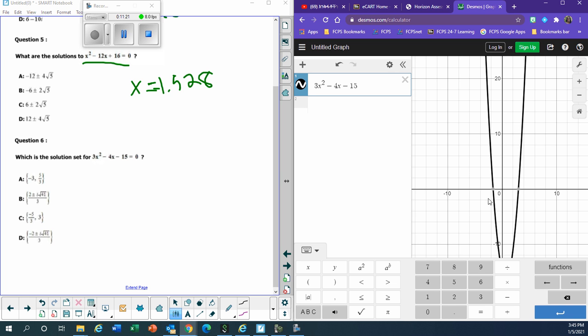So I have two solutions. One is negative 1.67, and then the other one is positive 3. So this one is kind of easy, right? Which one has a positive 3 answer? This one has positive 3, and this one is negative 1.67. So you can easily pick the one that has positive 3 as the solution, right?